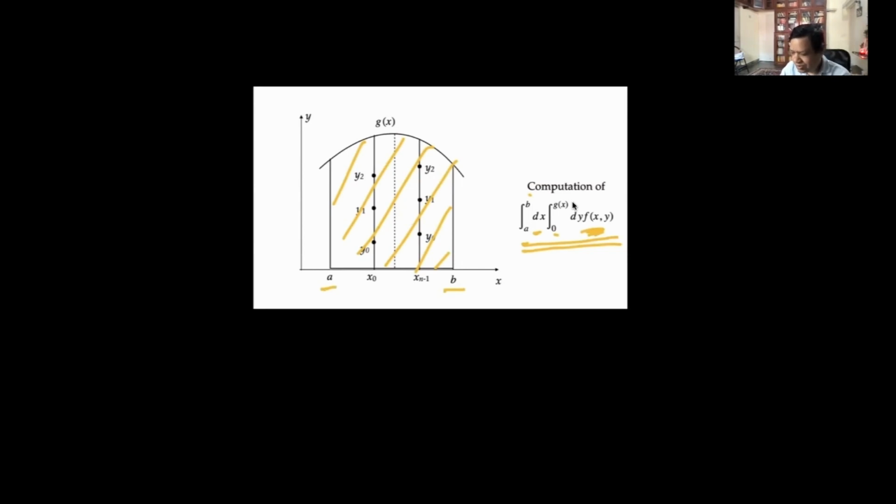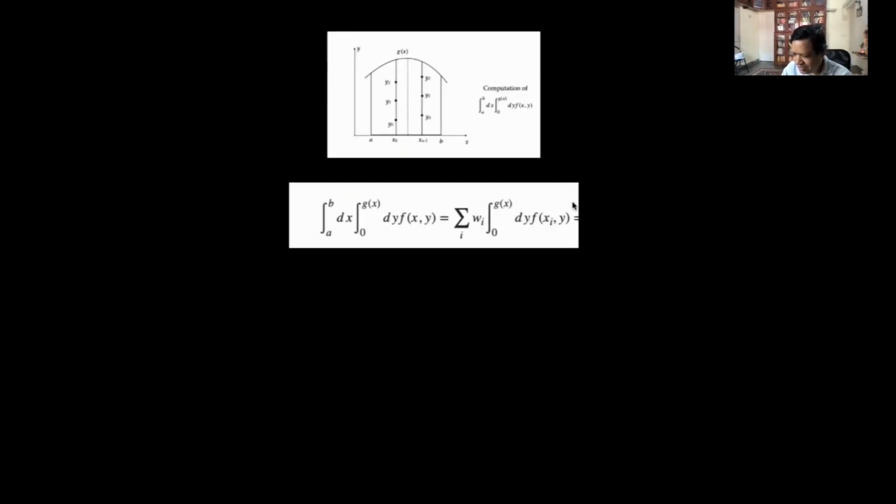Now what do I do? You can use Newton codes or Gauss quadrature, no problem. But we are doing 2 steps. The first step is we can do the x part: a to b dx of some function of x.